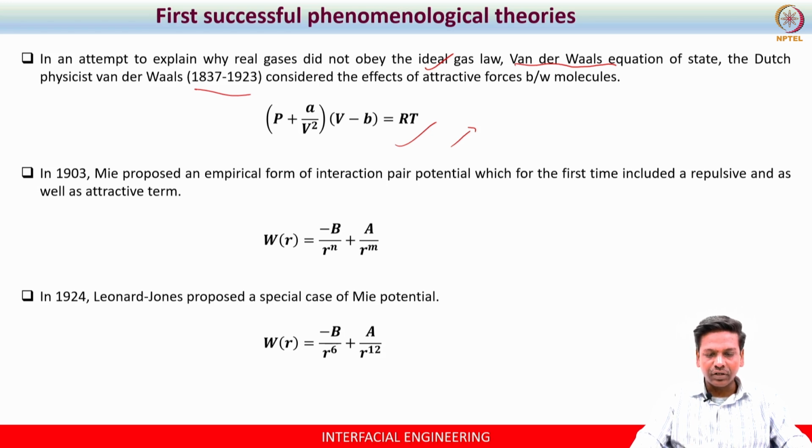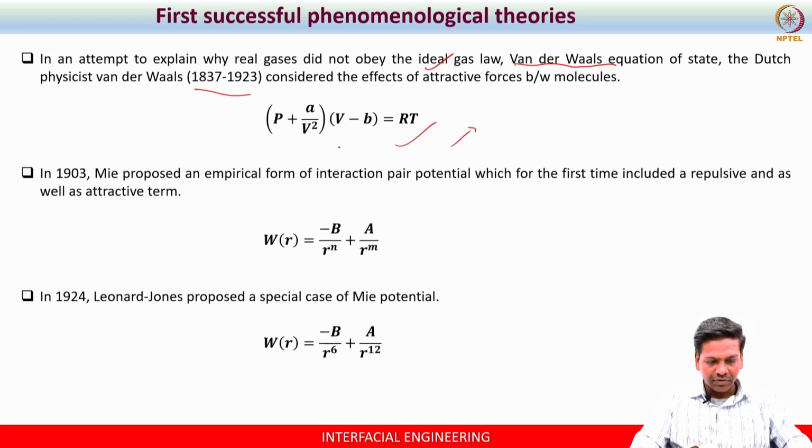One is the attractive force between molecules, and another one is the excluded volume concept, right? So the attractive force between molecules was first proposed by van der Waals in his equation of state. After that came the Mie potential theory, the interaction pair potential theory.